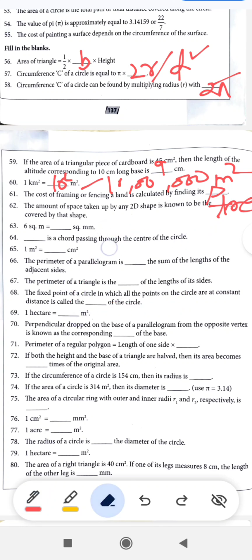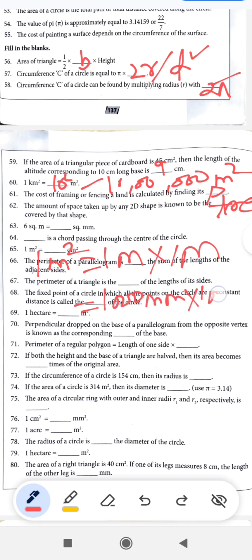Now the next question: 6 square meter is equal to dash square millimeter. The same thing, let's convert. 1 meter square is equal to 1 meter into 1 meter. 1 meter is equal to 1000 millimeter, so 1000 millimeter into 1000 millimeter.